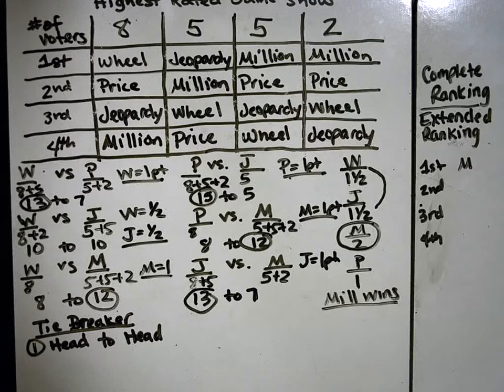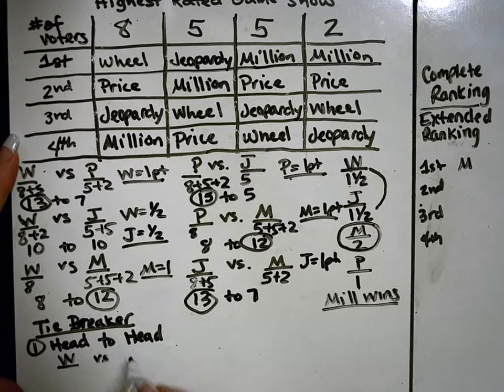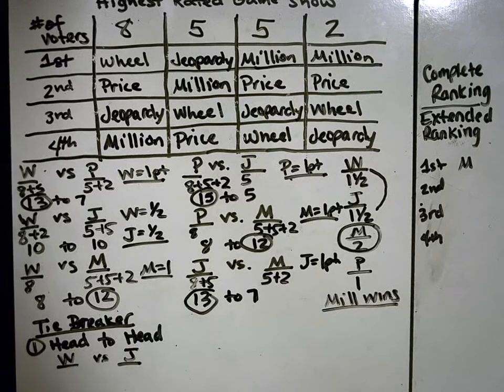That's really when you're just looking at 2 people, you're doing exactly what we just did here. Each one of these is a head-to-head. So you're just doing a head-to-head with those 2 people that are in a tie. In this example, it would be Wheel versus Jeopardy. And we'll do that in just a second.